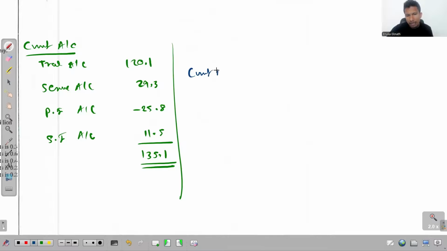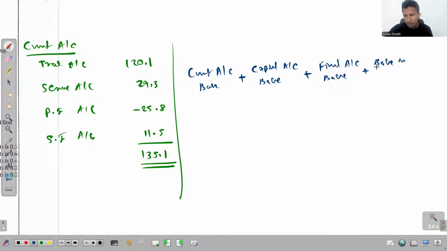So we say current account balance plus capital account balance plus financial account balance plus we write balance in errors and omissions account must be equal to 0.